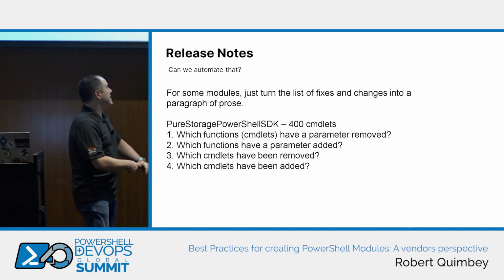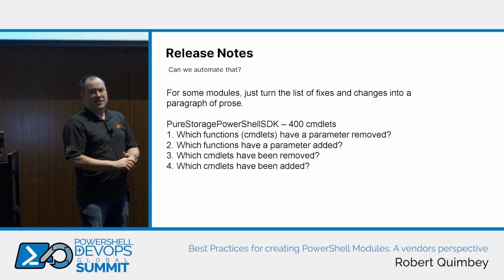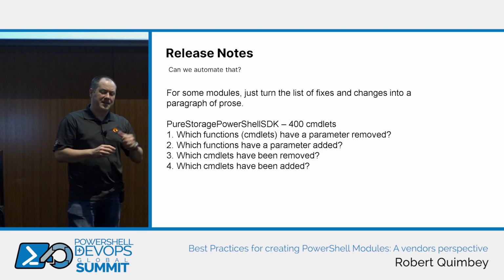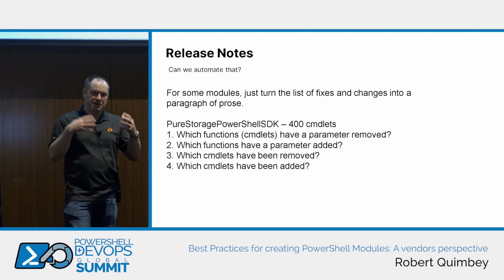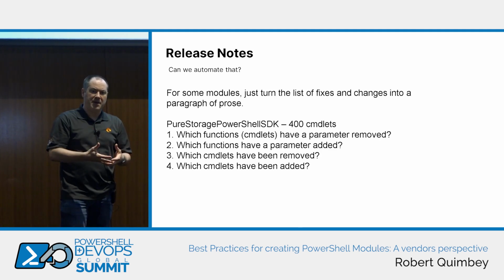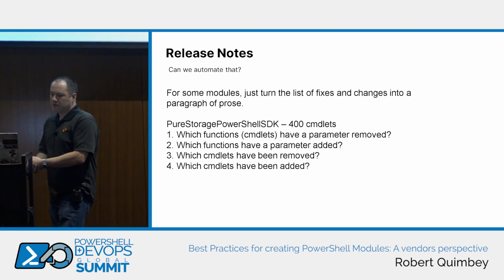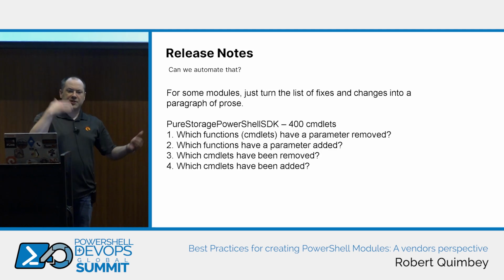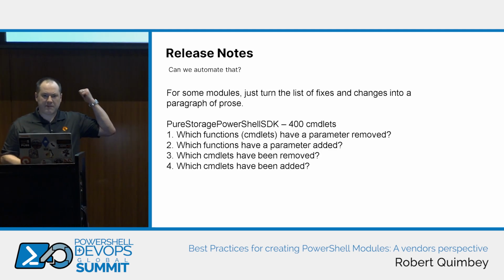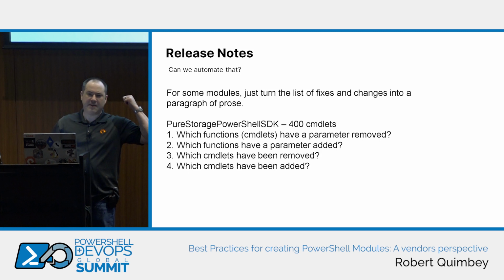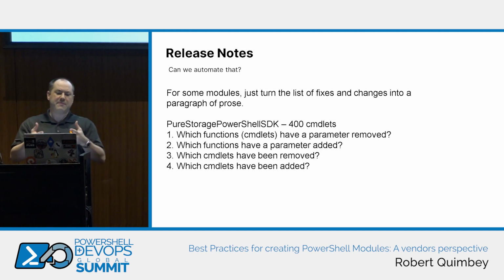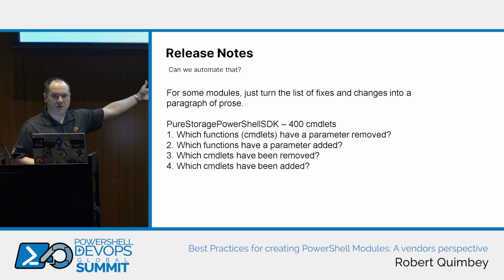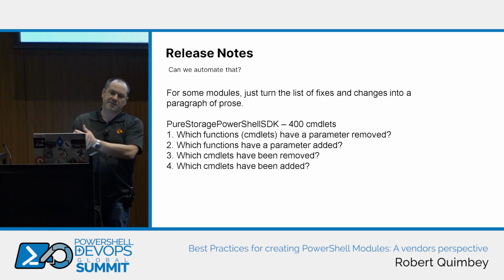But one of the things that's the heavy lift is our PowerShell SDK. I already mentioned, if you saw the session last year, how we use Jinja and Swagger and some other things to do the code automation. We also have written some PowerShell scripts that go through old version, new version, and we check which commandlets have new parameters, which commandlets have a parameter that's been removed, which commandlets we have, and what's been deprecated.